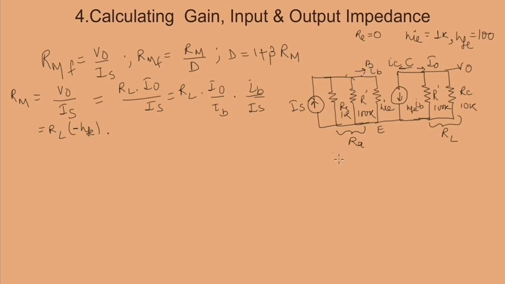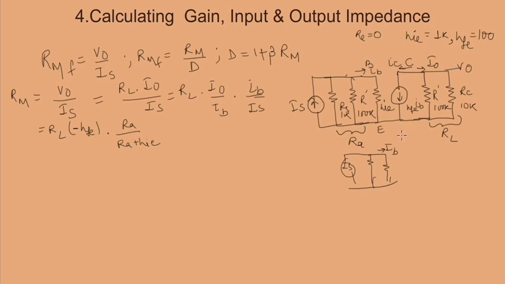If this is RA and this is HIE, which is the input resistance, then IB is the current branching from IS. So this IB by IS will be RA upon RA plus HIE, right?